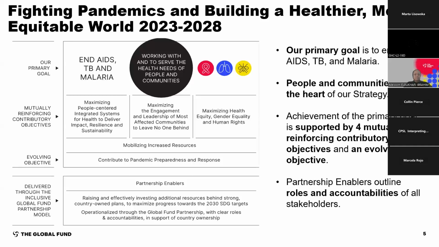So at the time this strategy was designed, there was also what we called an evolving objective on global pandemic preparedness and response. Now, almost 2 years in, I think we can agree that this objective has matured. On pandemic preparedness, the Global Fund supports countries, low-income countries, middle-income countries, in strengthening their pandemic preparedness capacities by building resilient and sustainable systems for health, which are able to prevent, detect, and respond to disease outbreaks and other shocks.